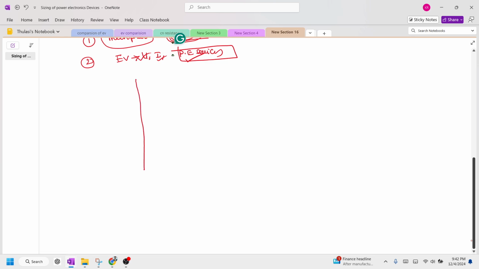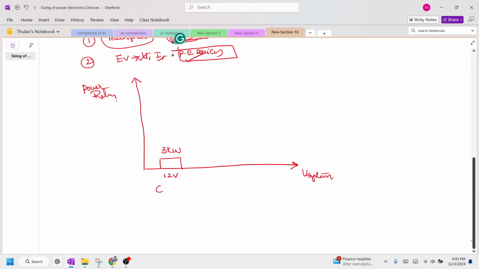We have an x-axis and a y-axis. On the y-axis you are going to have the system voltage of the power electronic system, and on the x-axis you are going to have the power rating of our power electronic devices. Initially I'm going to operate with a voltage of 12 volts and a maximum power rating of 3 kilowatts.